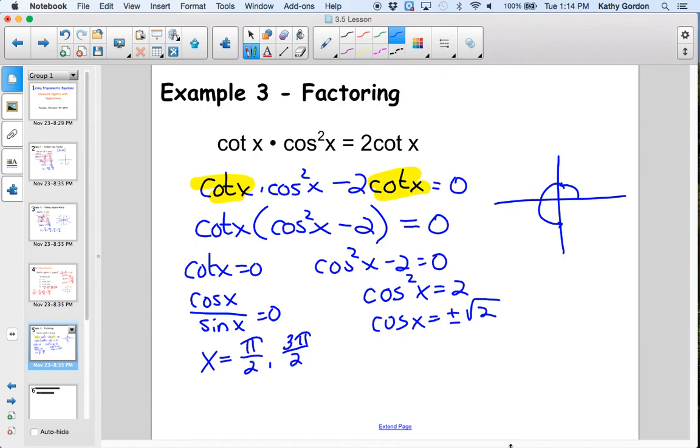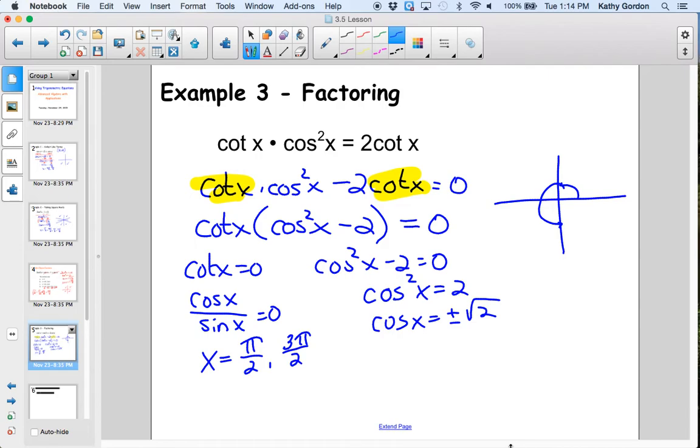Like, wait a minute, what's going on here? And if we actually dig into this a little bit more, what is the square root of 2 equal to approximately? It's about what? Give me a decimal. 1.4. It's about 1.4.